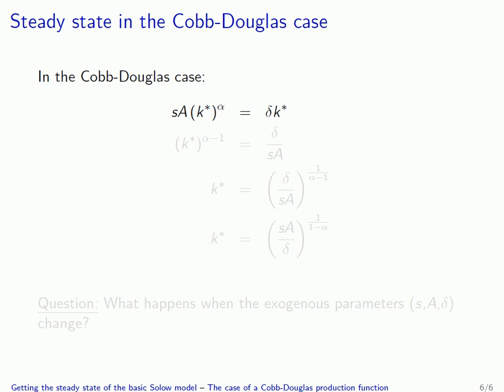This gives you the following formula: k star to the power alpha minus 1 is equal to delta divided by sA.